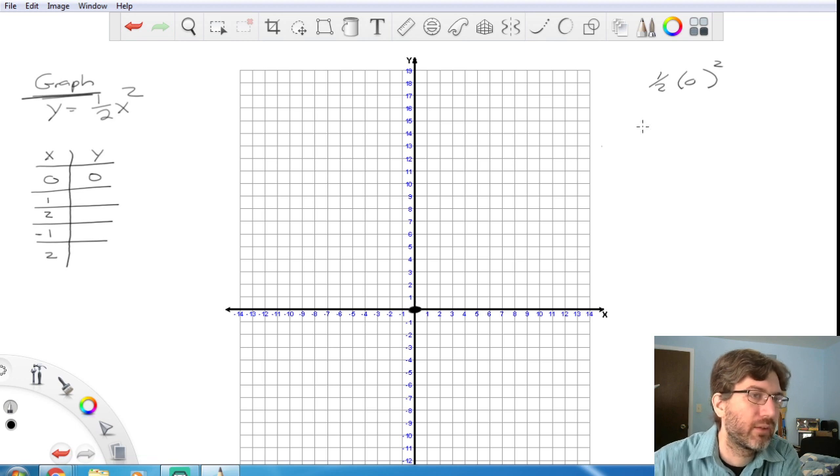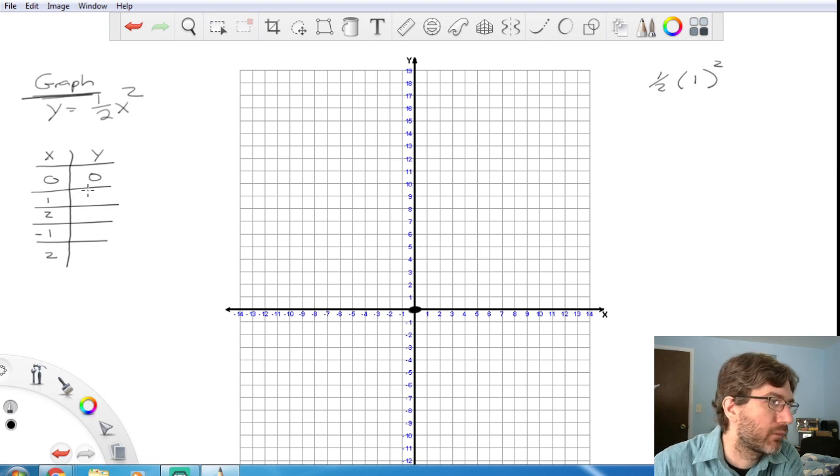So I'm going to go make that point. If I plug in 1, I get 1 squared, which is 1. 1 times 1/2 is 1/2. So 1, 1/2 is about right here on my graph.